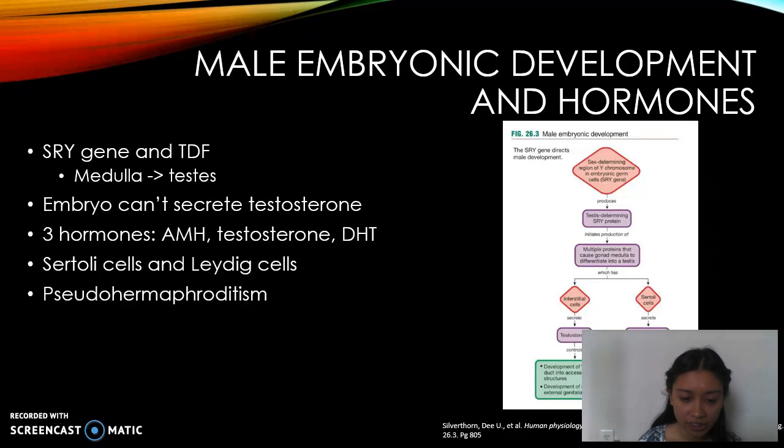So although they are genetically male, they will have normal testosterone levels, but inadequate levels of DHT, which is what causes differentiation of the external genitalia. So things like the male external genitalia and the prostate gland won't develop fully during fetal development, so they come out of the womb looking like a baby girl.